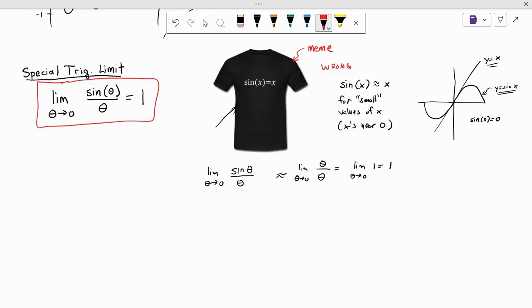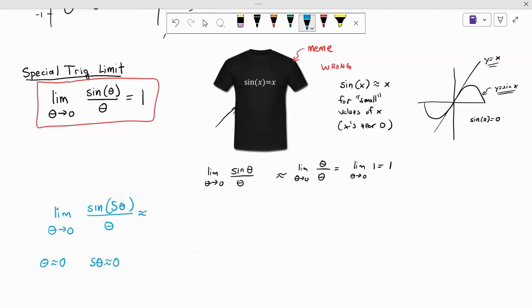And before we prove this, maybe you can tell me, what if we have something like the limit as theta goes to 0 of sine of 5 theta over theta? What do you think that's going to equal? Okay, using a small angle approximation, theta is close to 0, which means that 5 times theta is also close to 0.